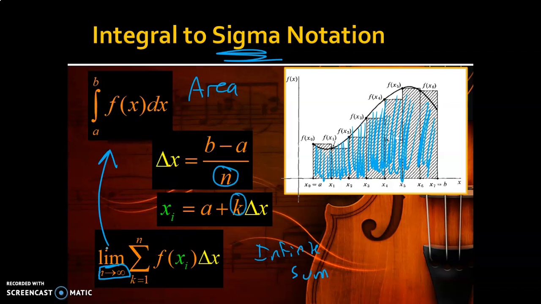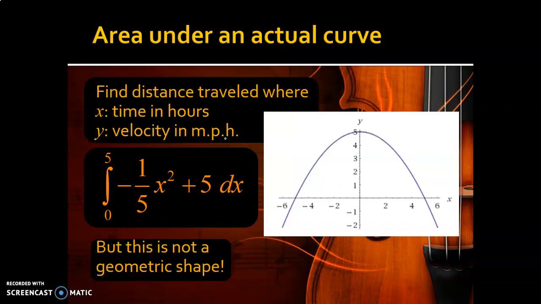So your final answer will have limit as n approaches infinity, and you'll still have k going from 1 to n. Inside your answer, whatever your equation is, you'll plug in a plus, where a will be a number, but you'll still have k times this, and that'll still have n in it. So go back and watch these videos. It's just a matter of using these formulas.